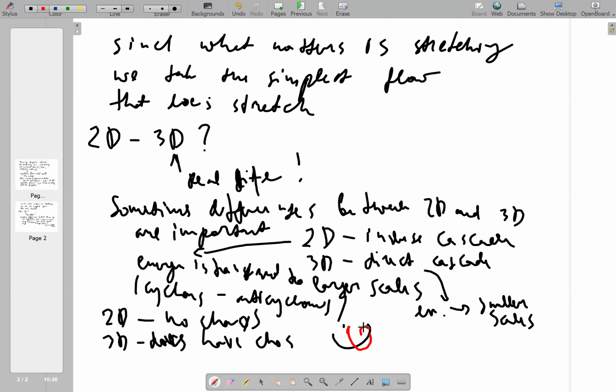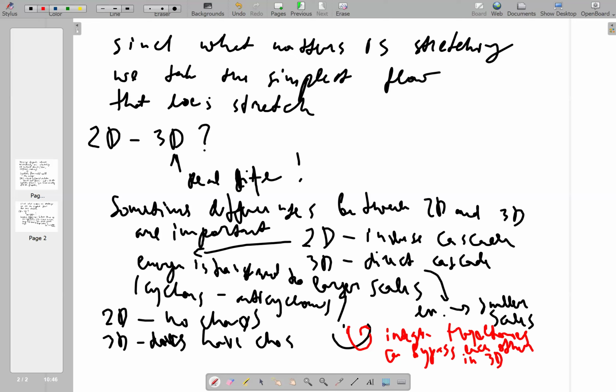Integral lines, integral trajectories can bypass each other in 3D, but not in 2D.